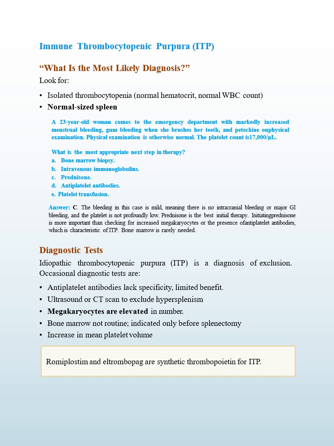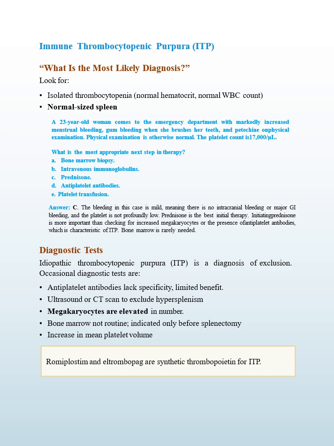Also, we need to look for a normal size spleen. Let's go over a clinical vignette. We have a 23 years old woman who comes to the ER with markedly increased menstrual bleeding, gum bleeding when she brushes her teeth, and petechiae on physical examination. The physical exam is usually otherwise normal.